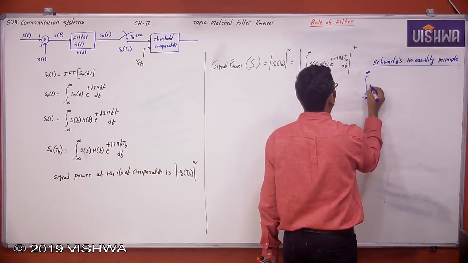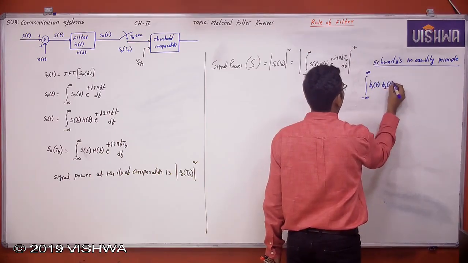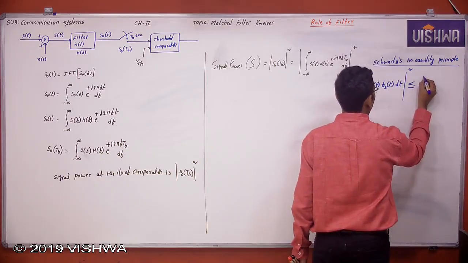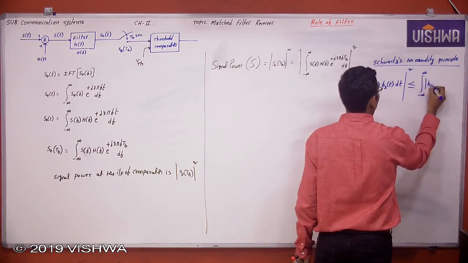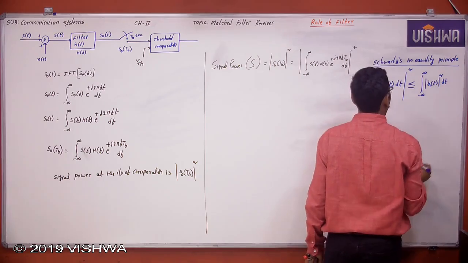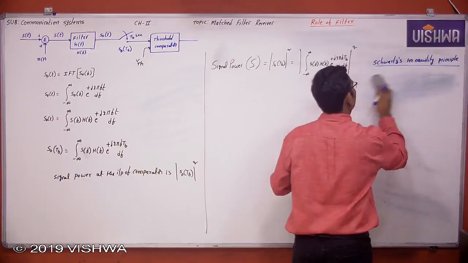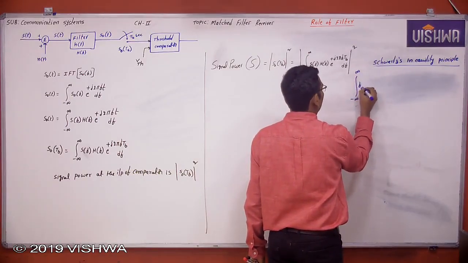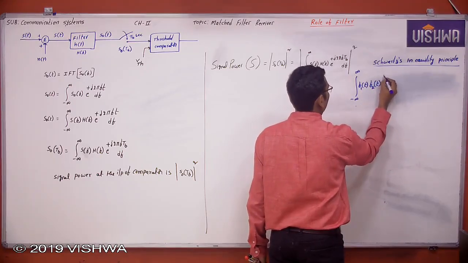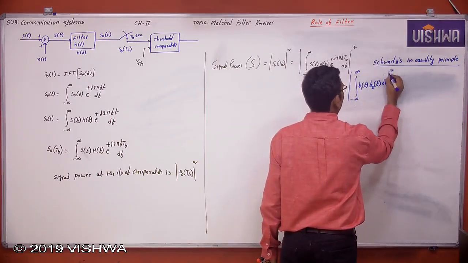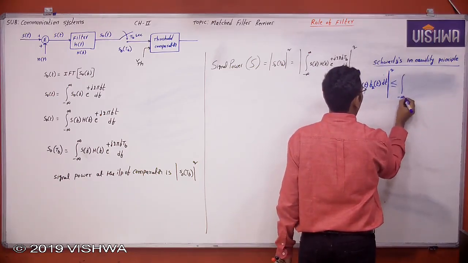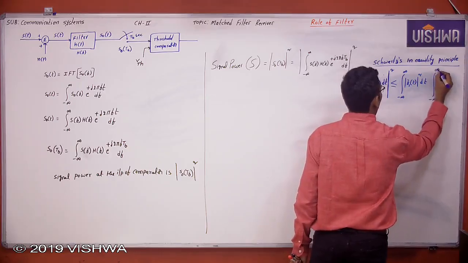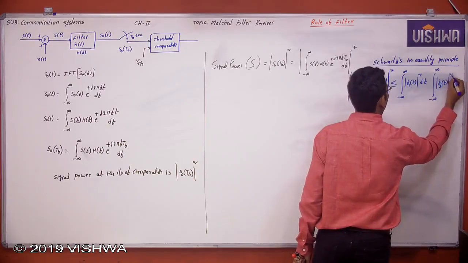The integral from minus infinity to infinity of f1 of t times f2 of t dt, whole square, is less than or equal to the integral from minus infinity to infinity of f1 of t whole square dt, into the integral of f2 of t whole square dt.